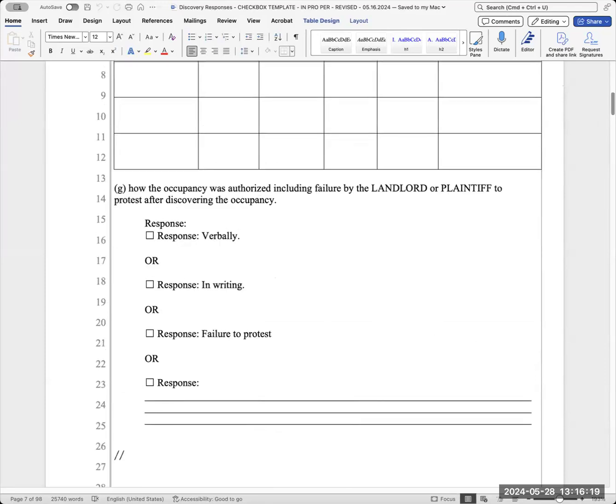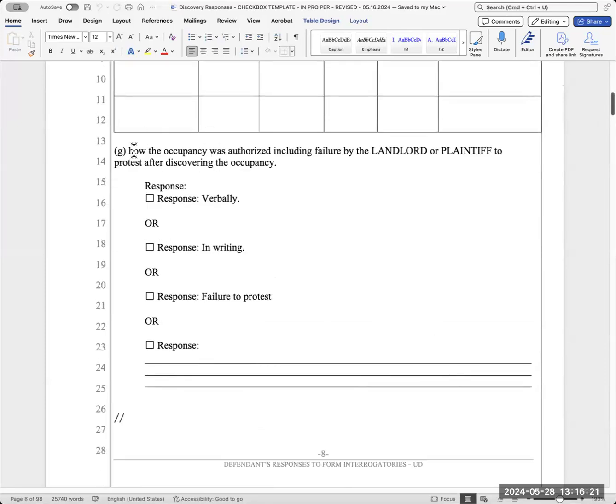And then below are some of the additional questions about how the occupancy was authorized, including the failure of the landlord or the plaintiff to protest after discovering the occupancy. This is important because if a landlord or property manager sees that someone is living in your unit and still collects the rent, doesn't ask that person to move out, you want to make that clear that they failed to protest.